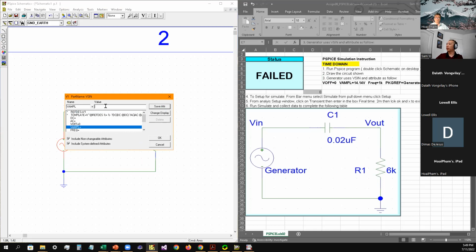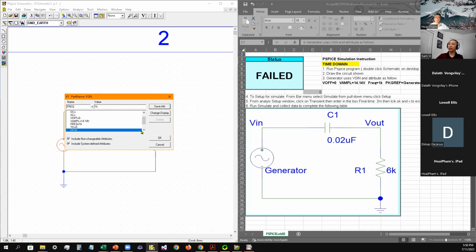The next one, VAMPL, the amplitude, is 14.14 volts. Press that, and again, you can press Enter or Save Attribute. The next one is frequency, 1K. Click Save Attribute.